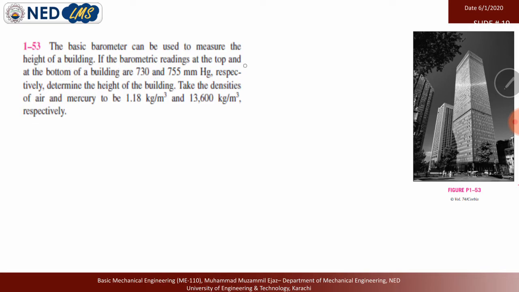If the barometer readings at the top and the bottom of the building are 730 and 755 millimeter Hg, as shown in the figure, at the top of the building the reading is 730 and at the bottom the reading is 755.